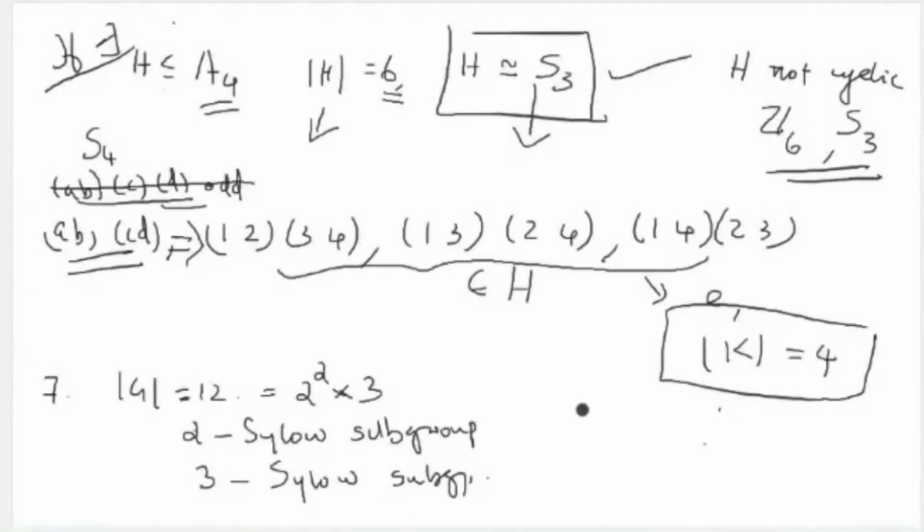Suppose G has a finite order, say n. Every natural number other than 1, minus 1, 0, has a factorization into prime numbers, p1 raised to n1, and so on up to pk raised to nk. Since n is not equal to 1, it must have a prime factor.